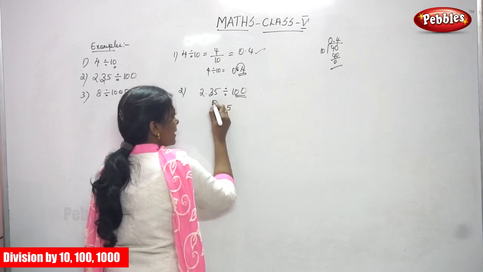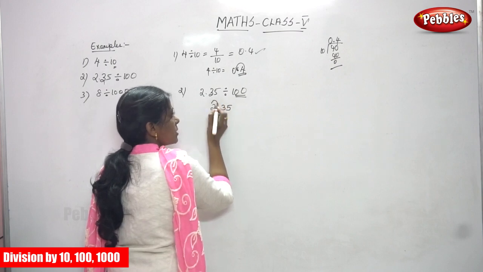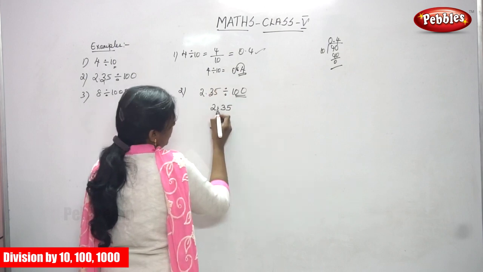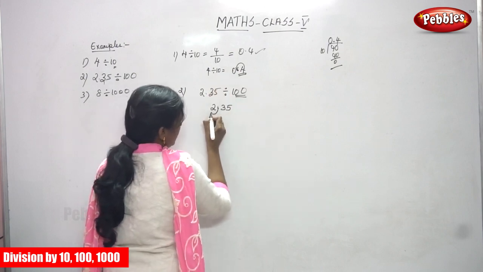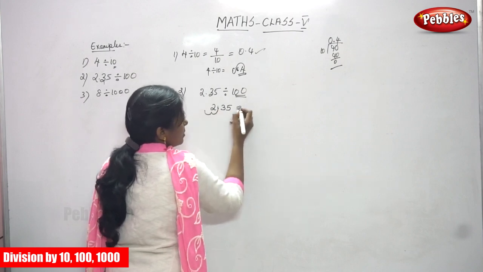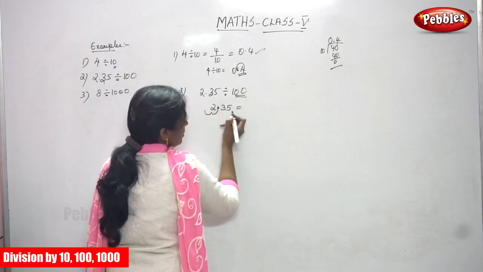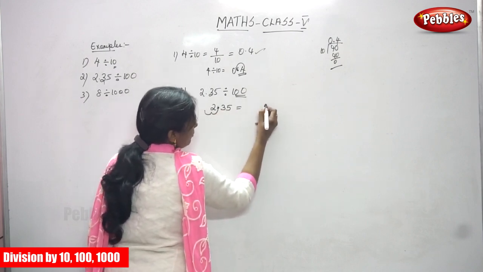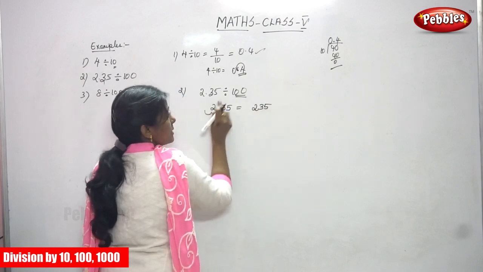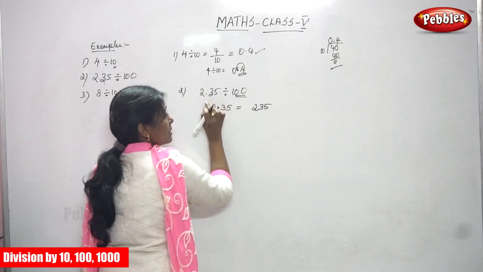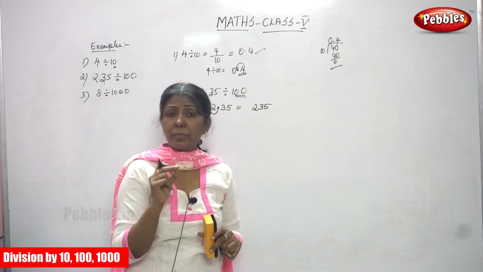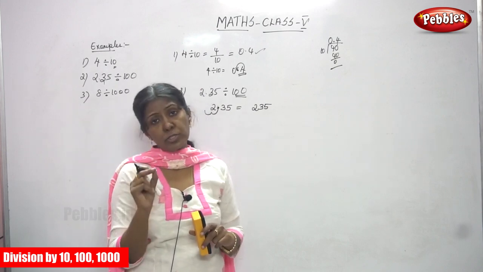So here one place, and after that, two. So what are you going to write? The point is here, 5, 3, 2. This decimal point moves to this place. 100 means two zeros are here.